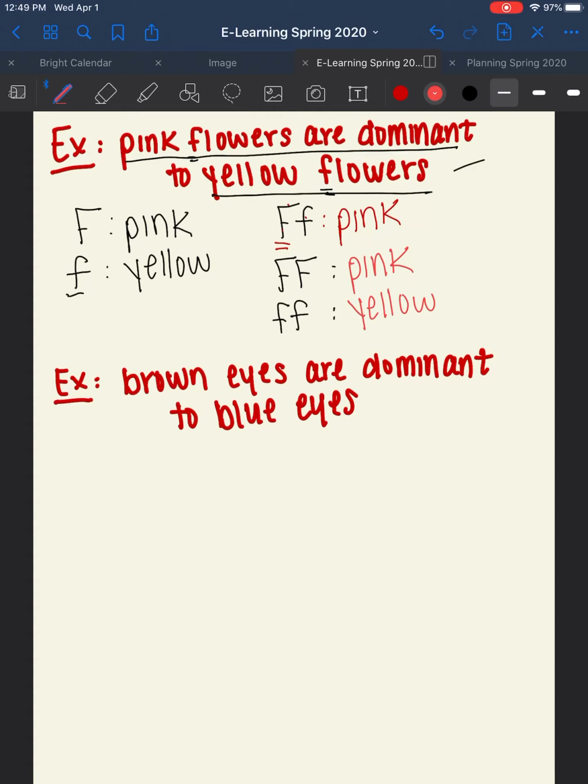So the only way for a recessive trait to be expressed is if you have a homozygous recessive genotype. Again, in simple monohybrid and simple genetics, the only way for the recessive trait to be expressed is if you have homozygous recessive, two lowercase letters as your genotype.